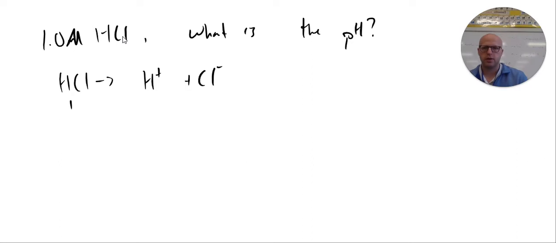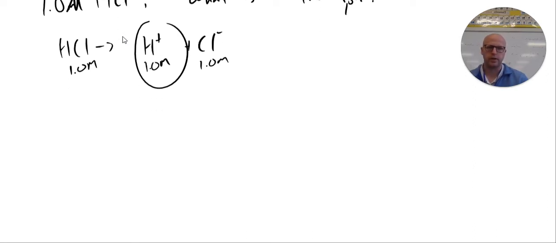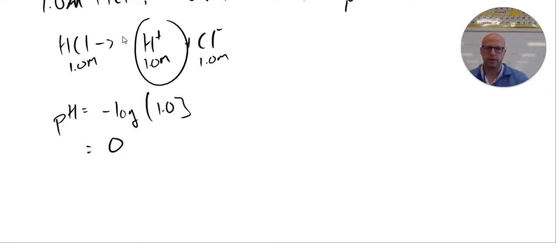All 1 molar of this goes over here. So right away I have the H+ ion concentration, and I can plug that back into my pH equation. pH is equal to the negative log of, in this case, 1 molar. So this would have a pH of 0. Pretty strong acid there.